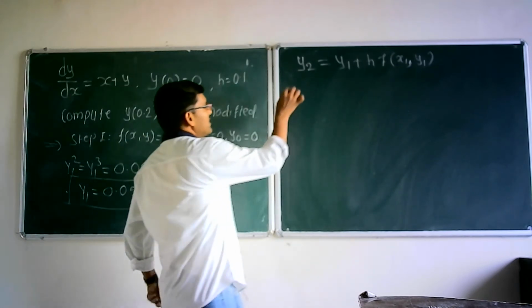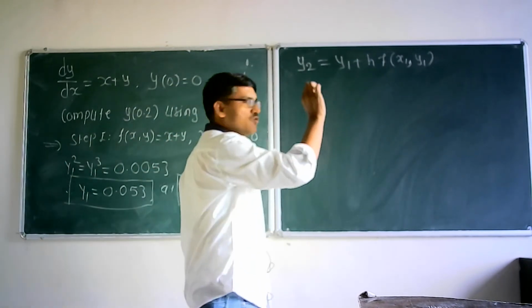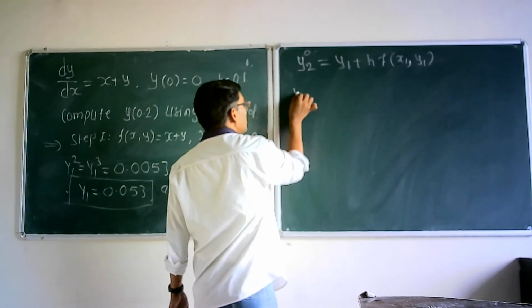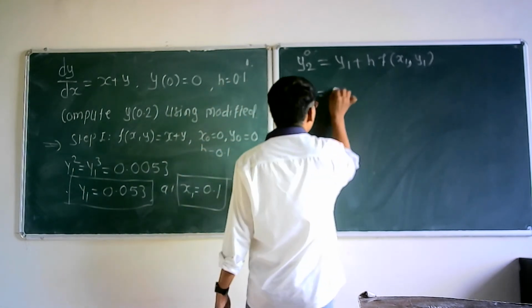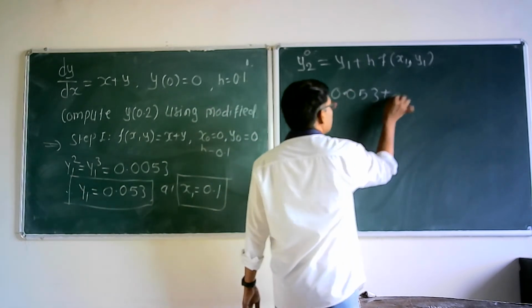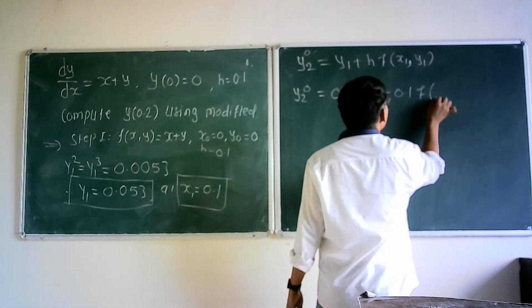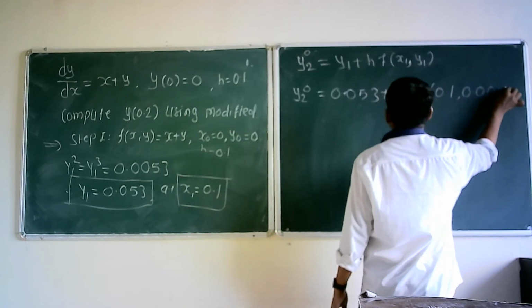But since we are going to apply modified Euler method, instead of writing y2 we are writing y20. So what is y20? y1 is 0.0053 plus 0.1 f of x1 0.1, 0.0053.